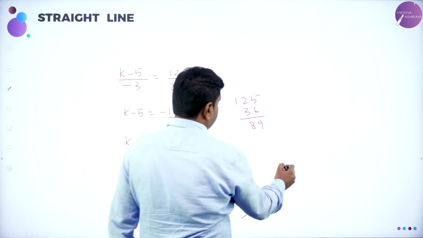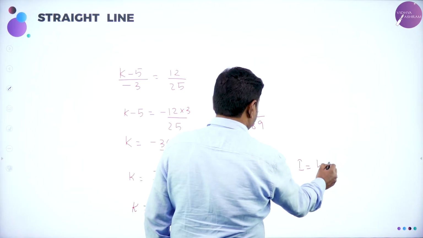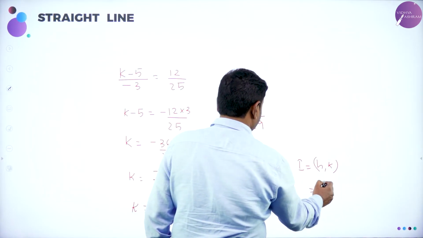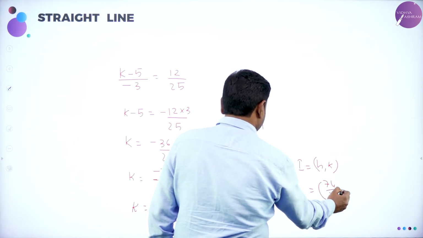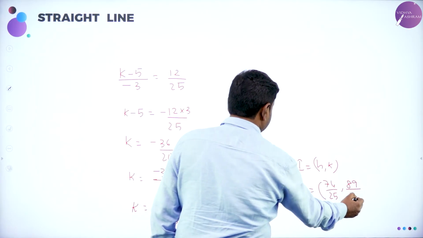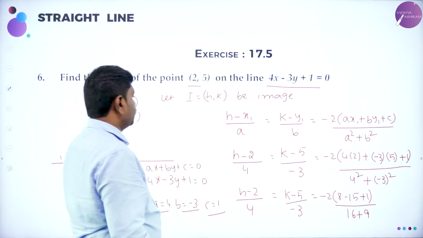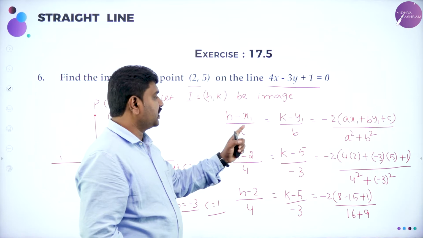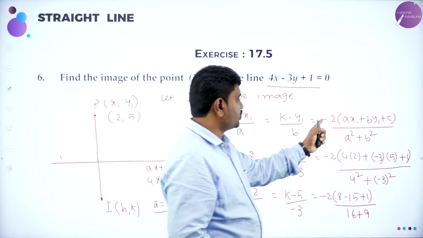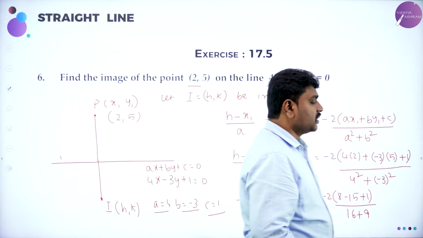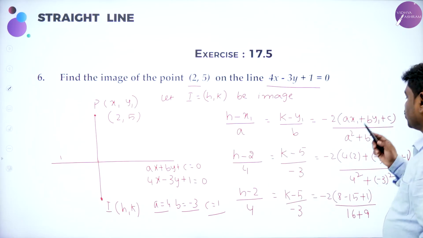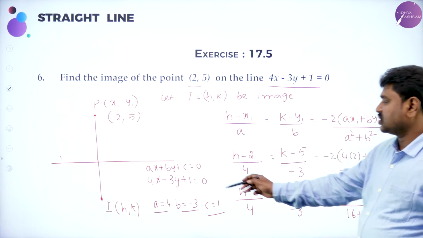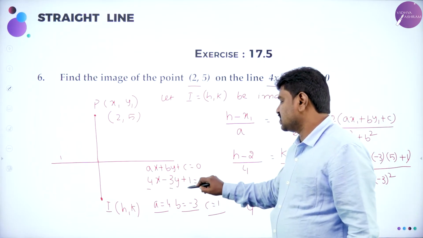So therefore they want the image I, which is (h, k), and you got h and k. What is h you got? 74 by 25, and k you got 89 by 25. This is the image. What we have done is used the formula: (h minus x1) by a equal to (k minus y1) by b equal to minus 2 times (ax1 plus by1 plus c) by (a square plus b square). Here a is 4, b is minus 3, c is 1.